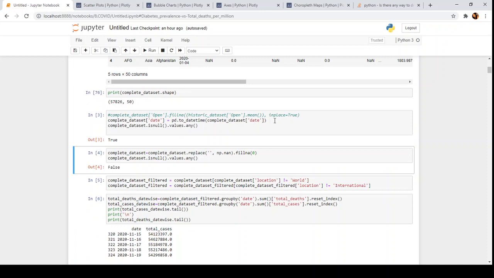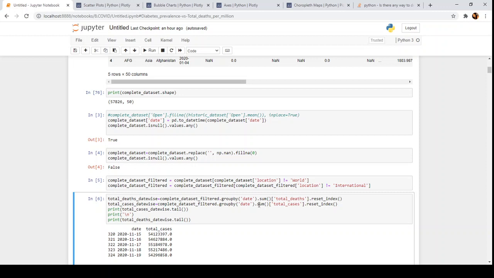And now we are checking if there are any null values in the data set. So yes, there were some null values, so I have filled them with 0. Here some redundancy was there in data. It was having world and international data, so I have left these rows, which were containing the redundant data, out of the data set.